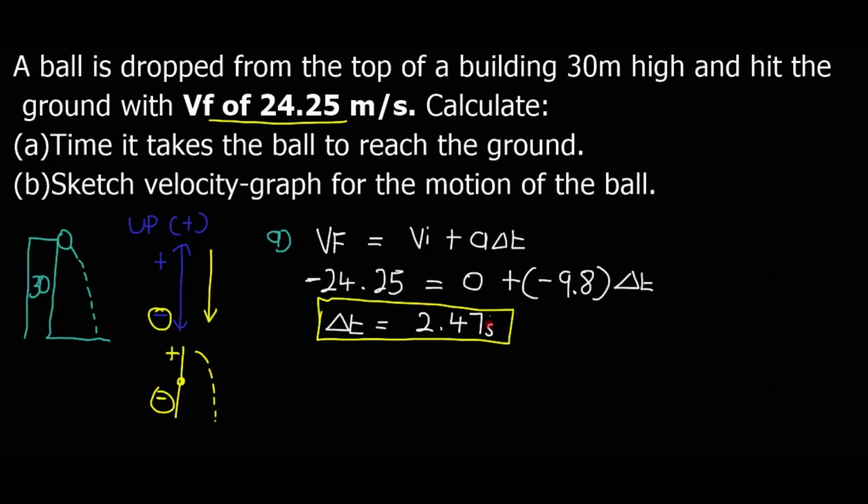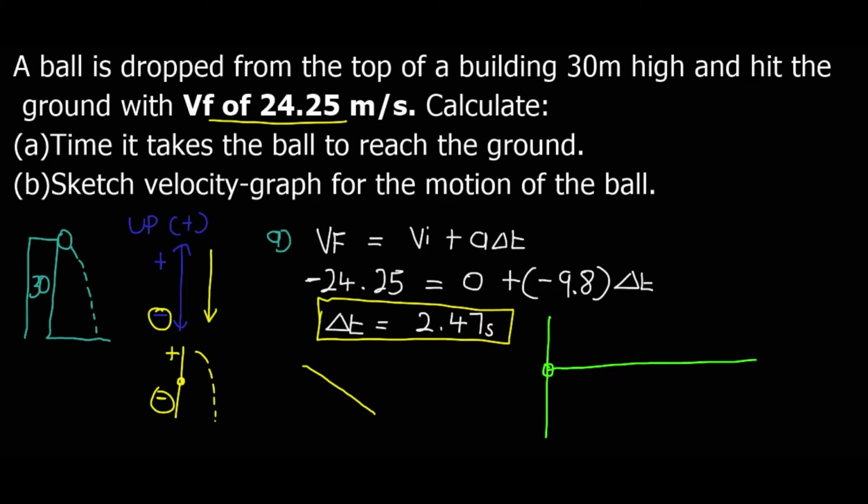So question, part B, sketch the velocity graph for the motion of the ball. This one is easy and straightforward, because upward is positive. This means the acceleration is negative. So because acceleration is negative, we expect this slope or this shape to draw our graph.